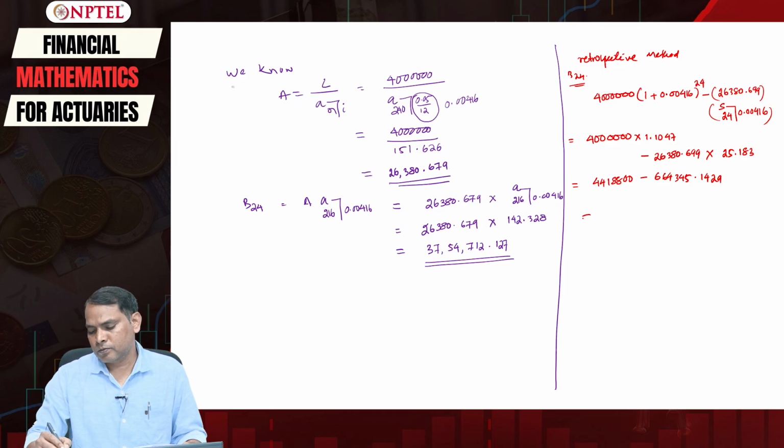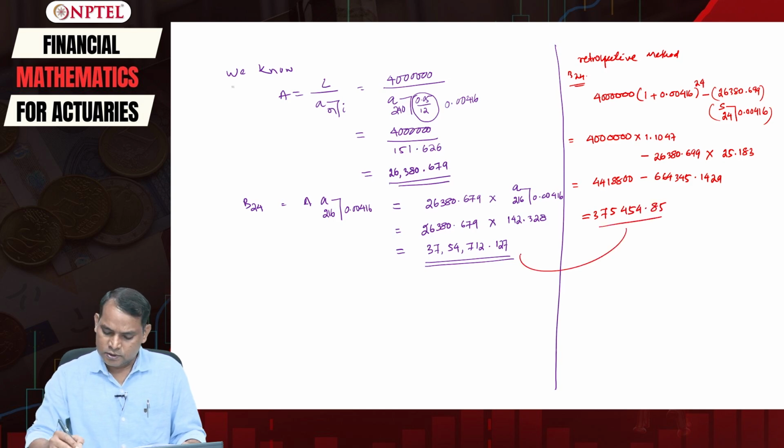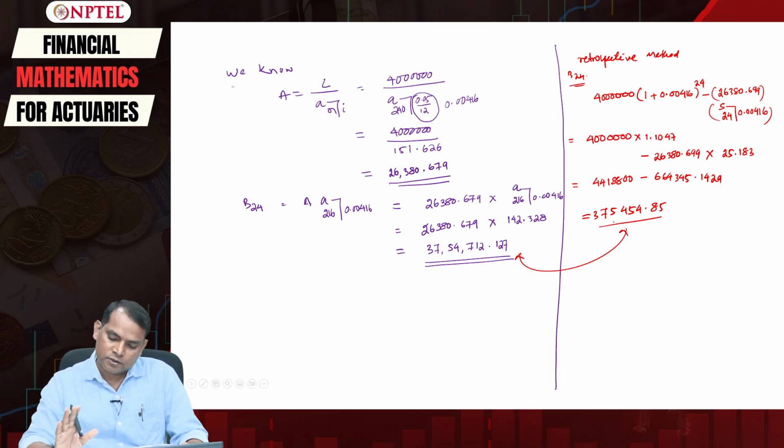Upon solving we will get again around 37 lakhs 54,454.85. So these are similar. The value is changed a little bit because of the decimals, but you should get exactly the same value.